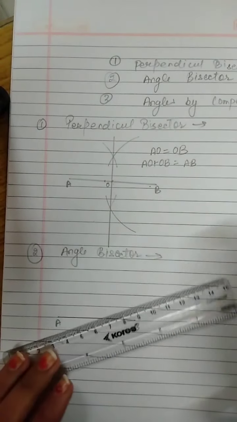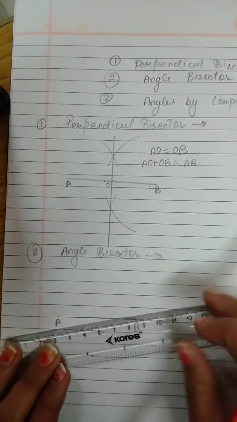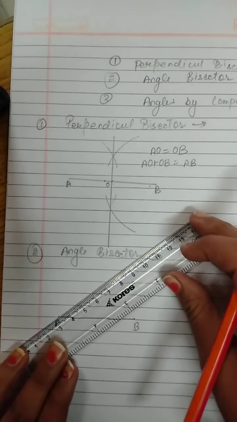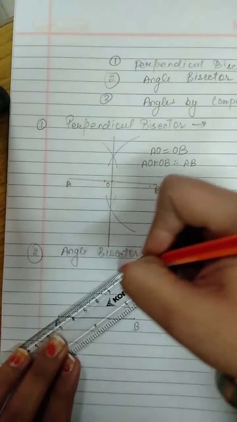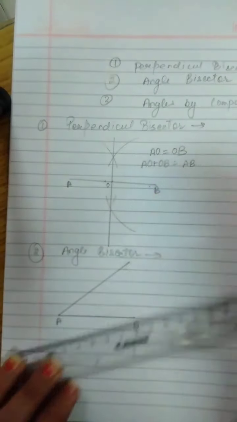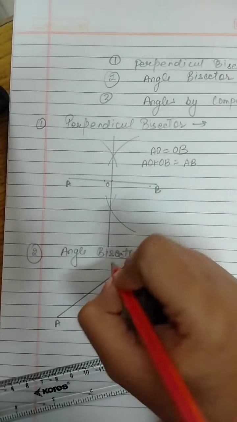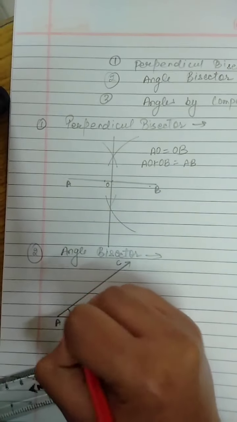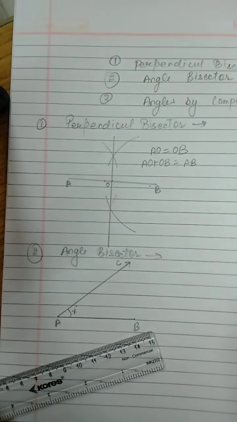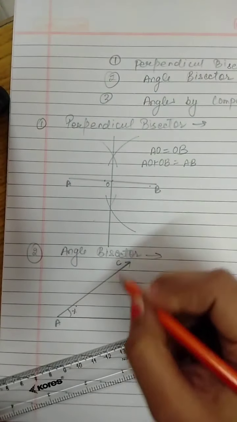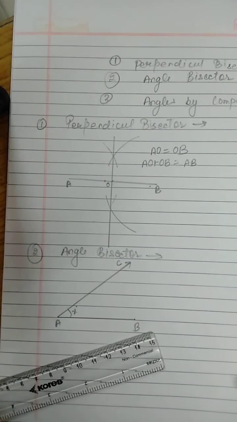Angle bisector means we have to bisect an angle, but for this we have to draw an angle, that is, we have drawn this angle of x degree. This we mark point C, and this is our angle of x degree.